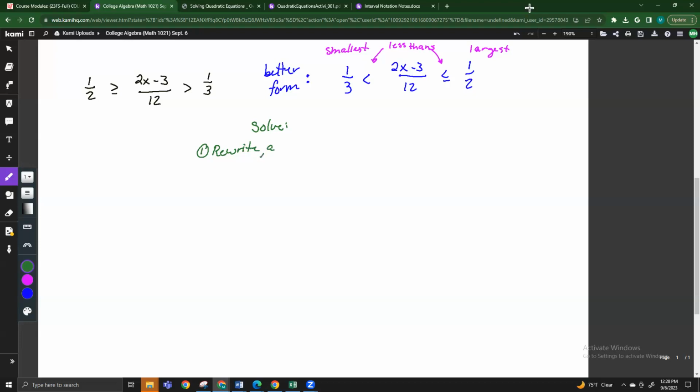Rewrite, separating the overlap. First of all, I should put this way over somewhere else. So I'm going to move this over.